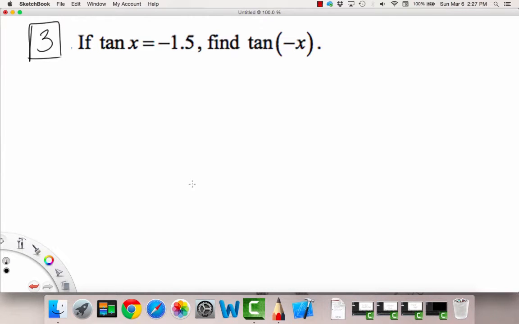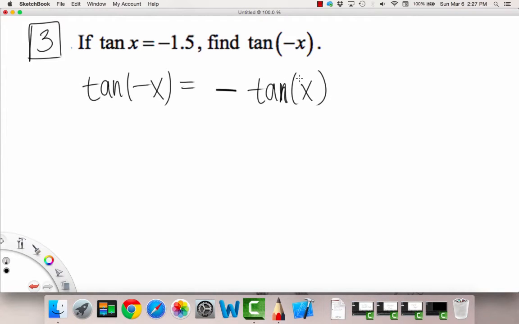Here's number 3. It says, if tangent of x is equal to -1.5, find tangent of -x. Do I have to draw triangles? You can, if that floats your boat, but I'm going to use the nice property that tangent is an odd function, meaning that if you plug in the negative of some value, you just get the negative of tangent of that value.